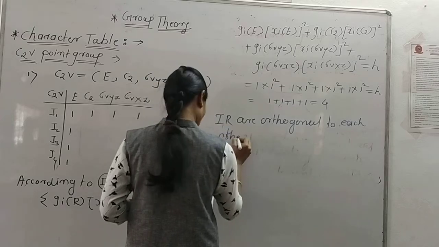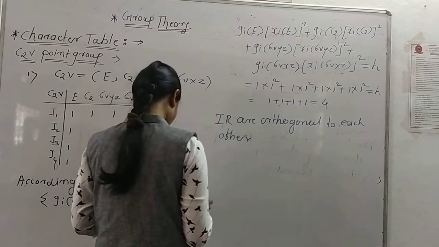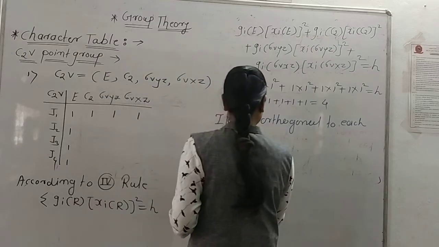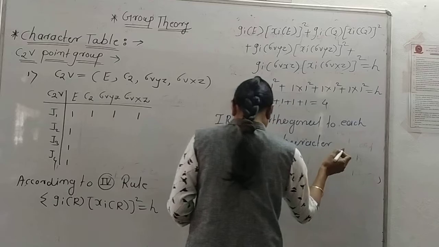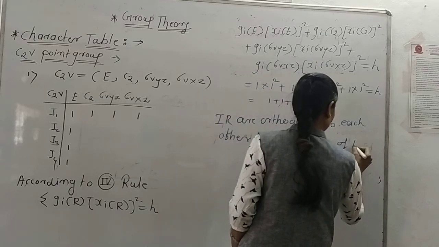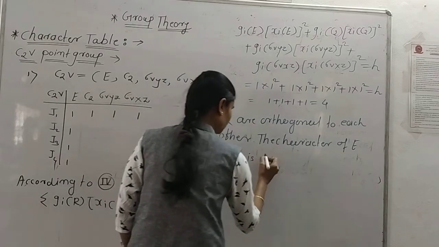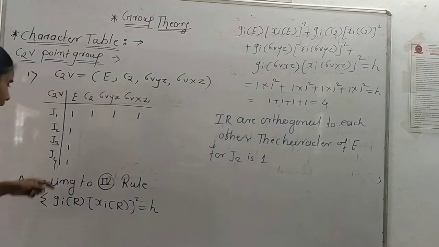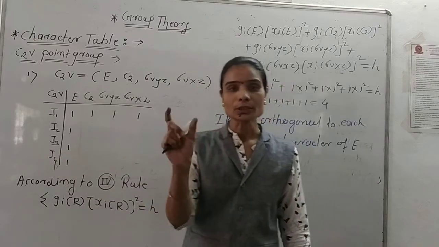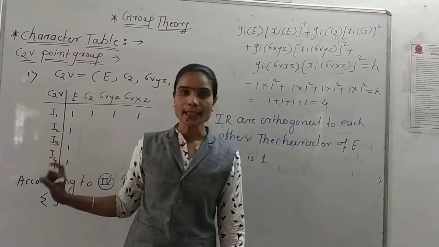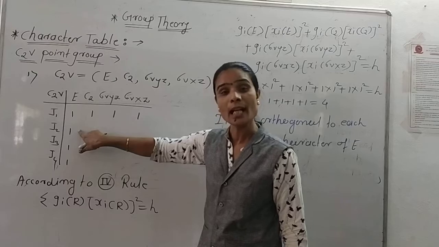Listen, these irreducible representations J1, J2, J3 and J4 are orthogonal with each other. Orthogonal means they are related with each other, and we already saw that the J2 value for identity is 1.